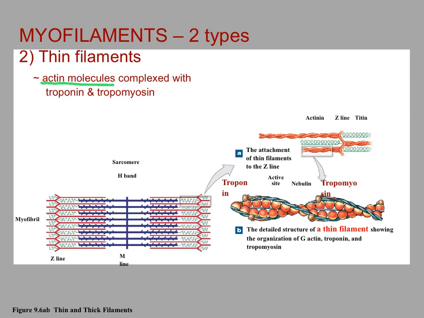But they're represented in this picture as these strings of pink pearls. So there's one actin component, and then here is the other. And they string together and kind of twist around to create a whole molecule of actin, or what we would call a thin filament.